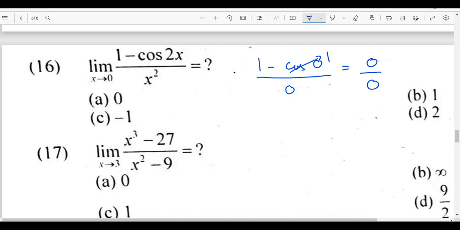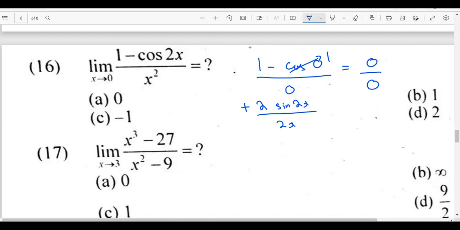So basically, once you differentiate the numerator, that would give you plus 2 sin 2x. Yes. Then differentiate it again. Yes, very good. You need to differentiate this again.